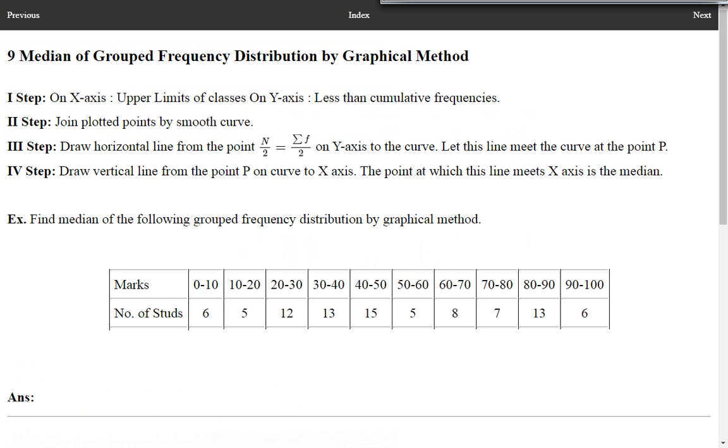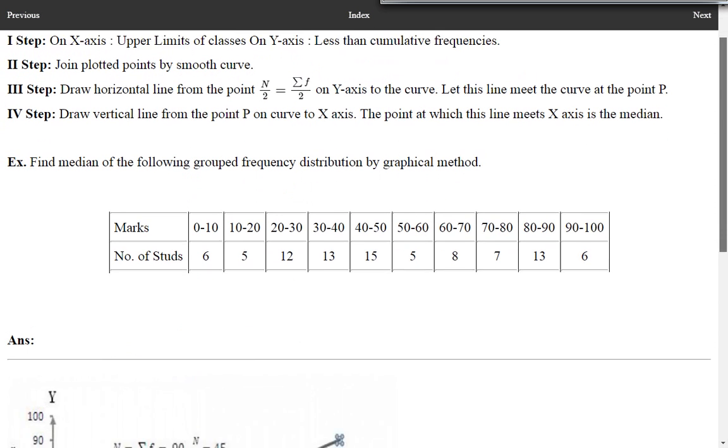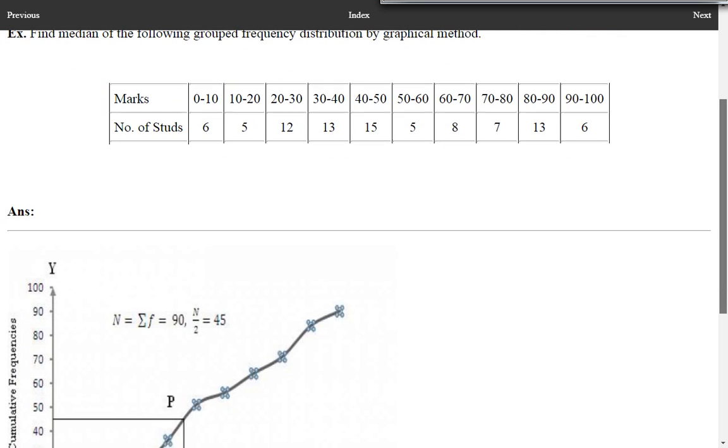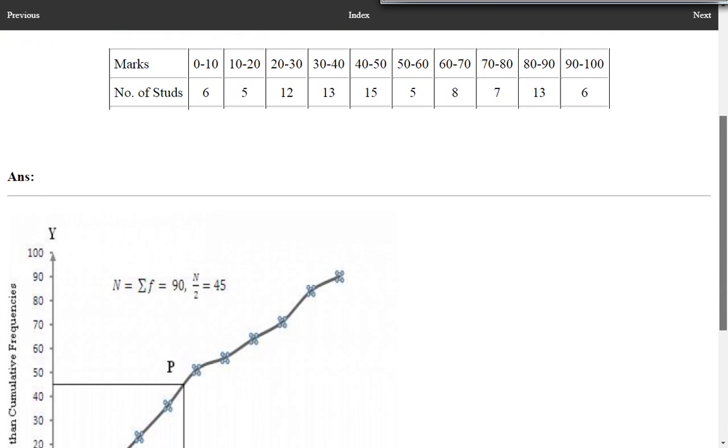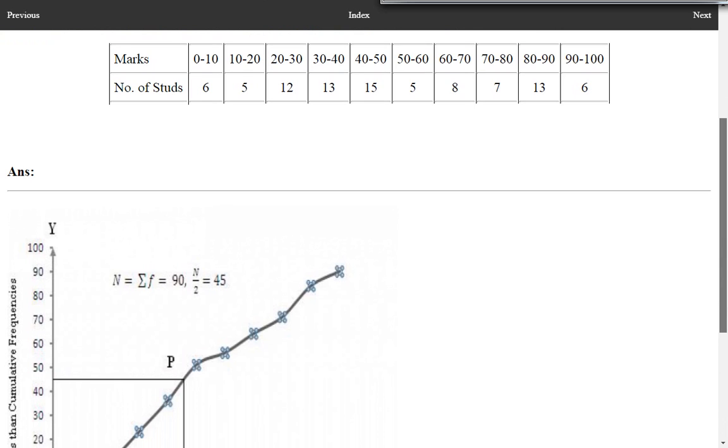So let us see an example of how to draw this. Here some group frequency distribution data is given: marks and number of students. Marks are nothing but classes and number of students is nothing but frequencies.